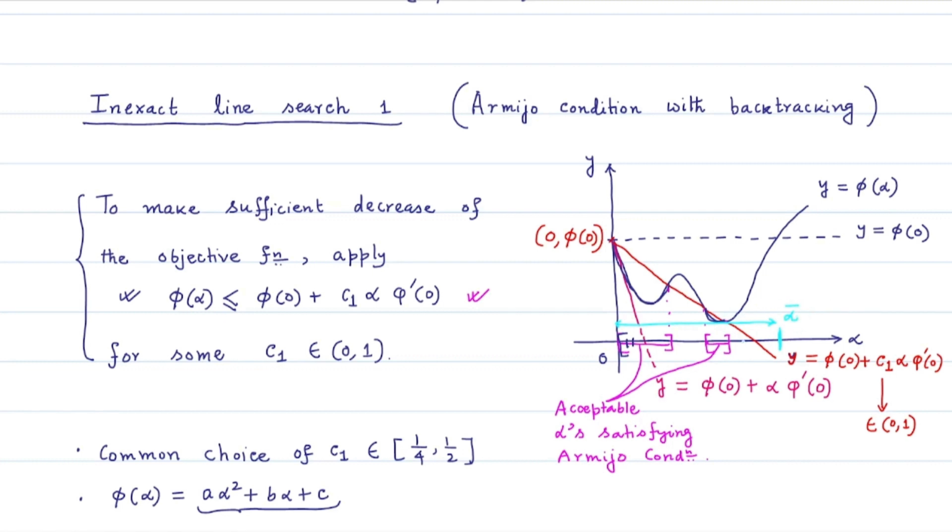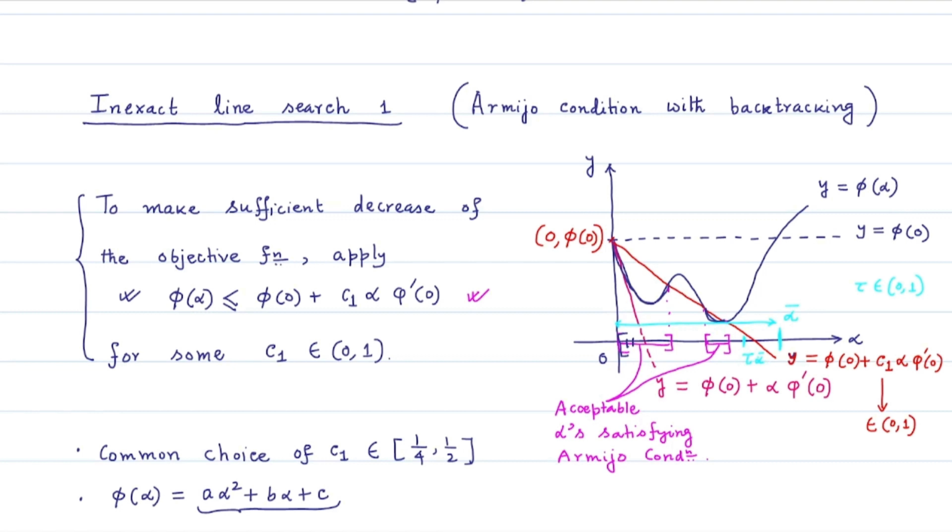So we get the point tau times alpha bar, say this point. Here we choose tau to be a fraction lying in between 0 and 1. We get the location of tau alpha bar somewhere, let's suppose here, and then check at this point whether this tau alpha bar satisfies the Armijo condition.